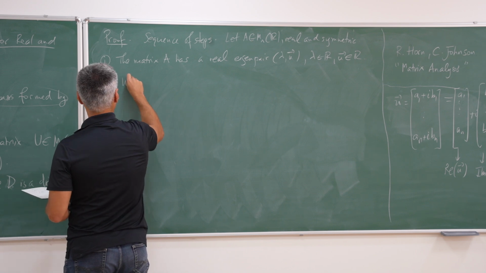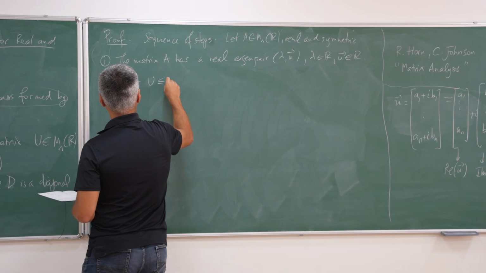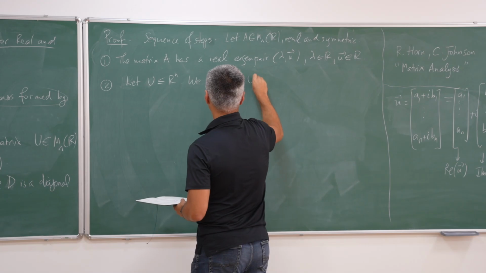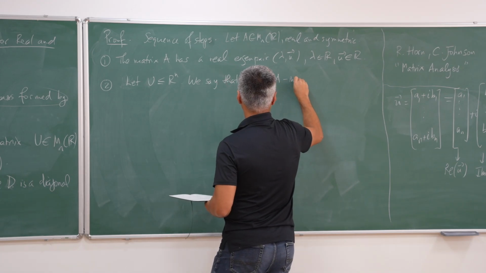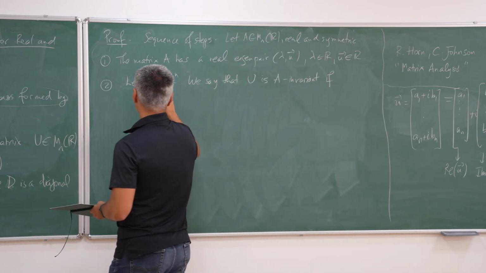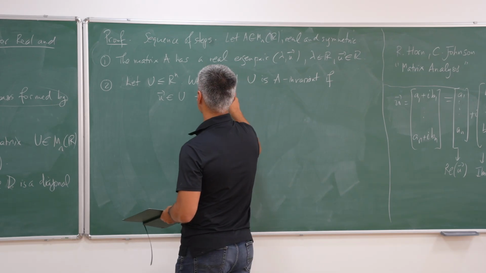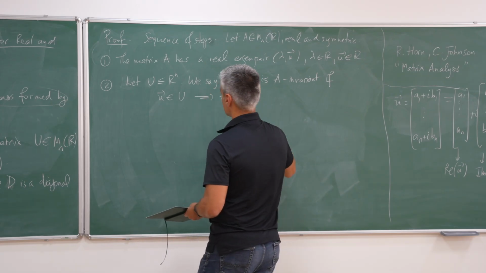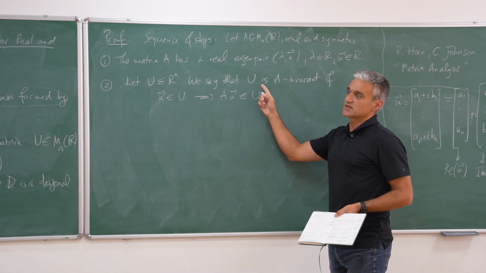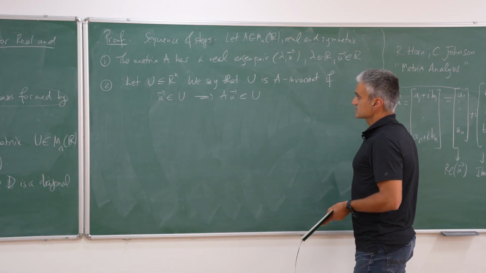Let U be a subspace of Rn. We say that U is A invariant if whenever you have a vector in U and you multiply it by A, you're not leaving the subspace. Eigenspaces are A invariant, but there could be more general things.